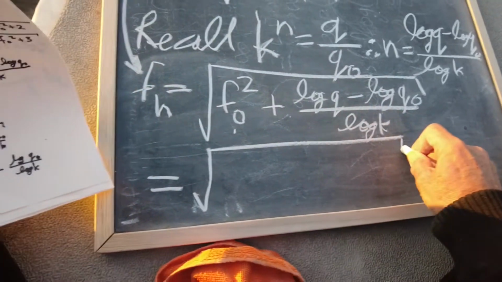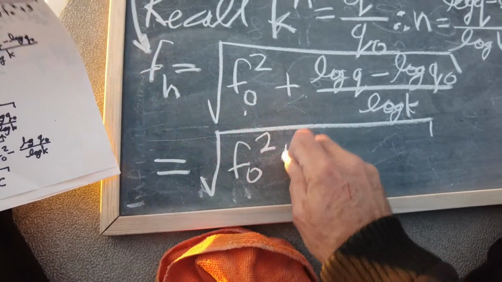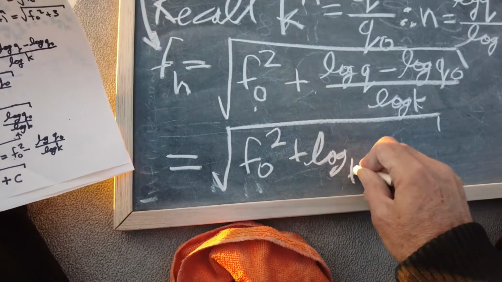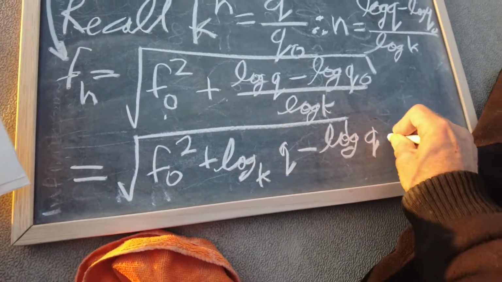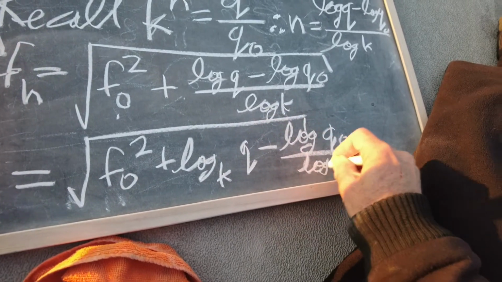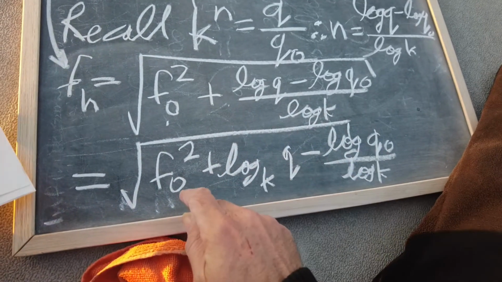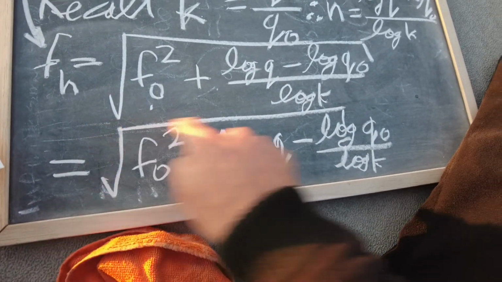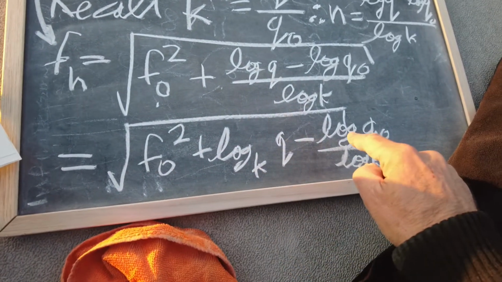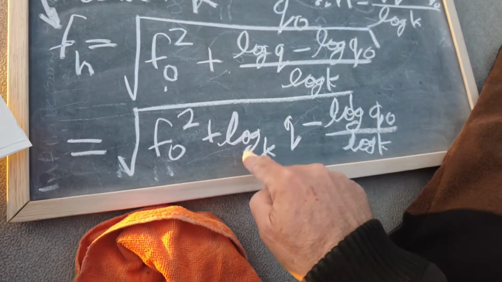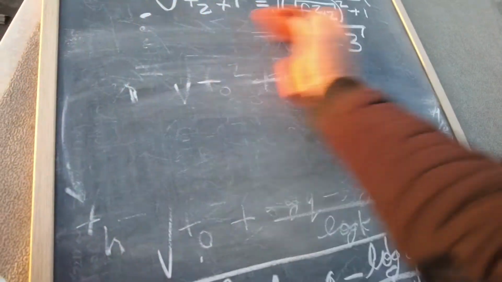What we have is f0 squared plus log k of q minus log k of q0, and this is just a constant. So what we really have is the square root of f0 squared minus this constant, and then the log k. So let me just go backwards, back up the chalkboard here.